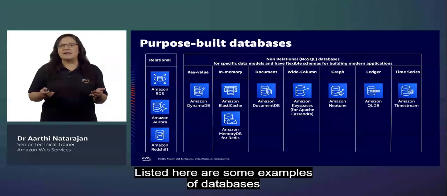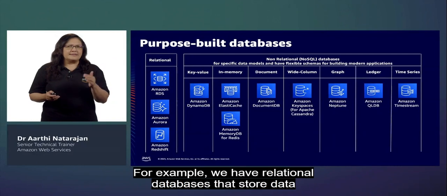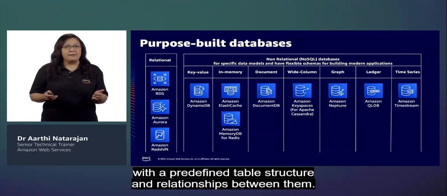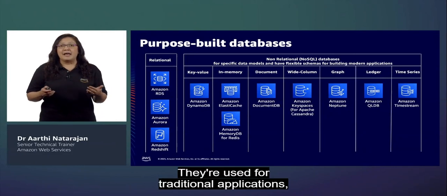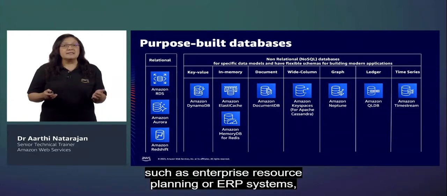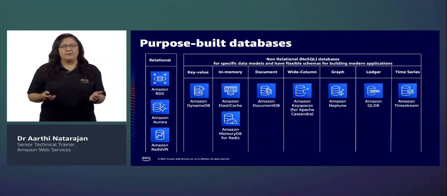Listed here are some examples of databases that could fill your needs. For example, we have relational databases that store data with a predefined table structure and relationships between them. They're used for traditional applications such as enterprise resource planning or ERP systems, customer relationship management or CRM systems, and e-commerce.